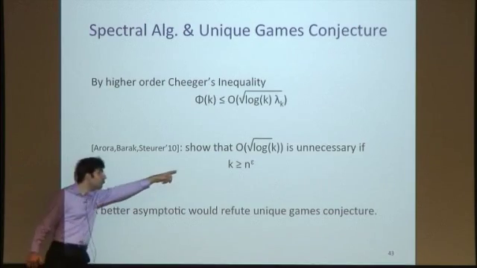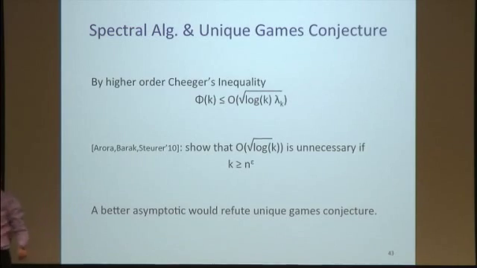You can get rid of it. And using that, they managed to get some improvement. Now, the point is, if you can improve this result a little bit from n to the epsilon to, say, 2 to the root log n, then that would refute the unique games conjecture. And it could possibly imply many advances in designing approximation algorithms for many problems like max cut, vertex cover, and so on.